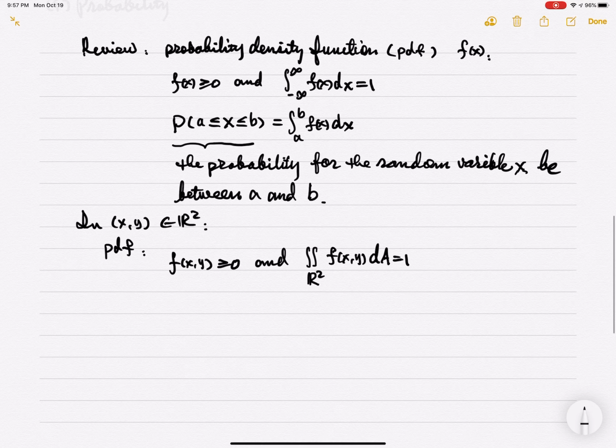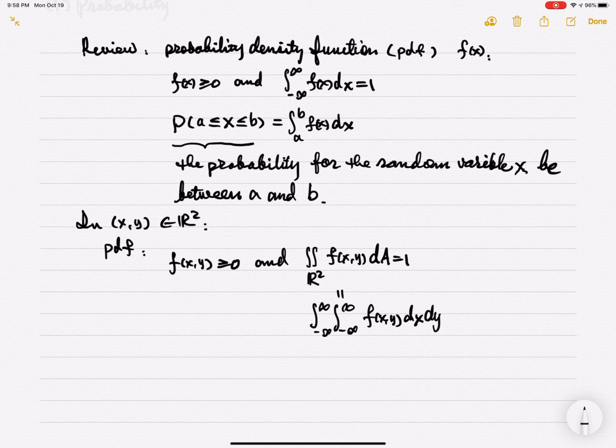The left-hand side is the integral from negative infinity to positive infinity, and from negative infinity to positive infinity, of f(x,y) dx dy. That sounds like an improper integral, because the limits are infinity.